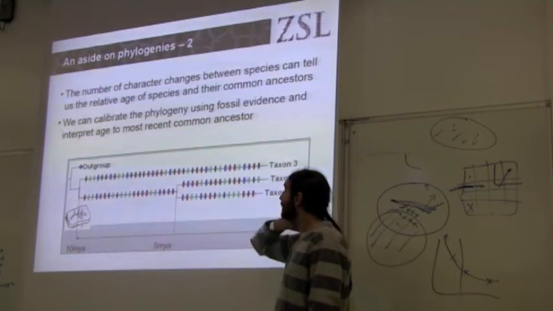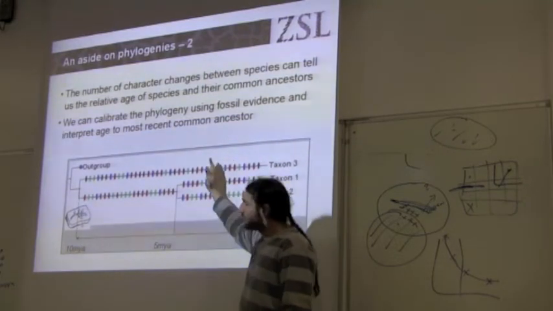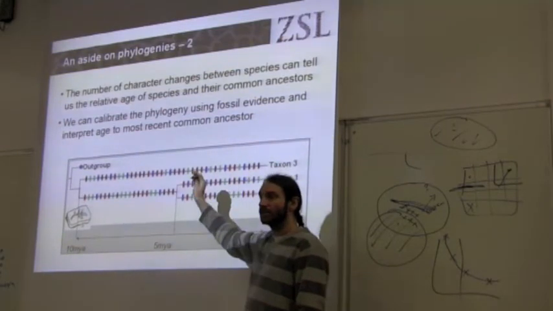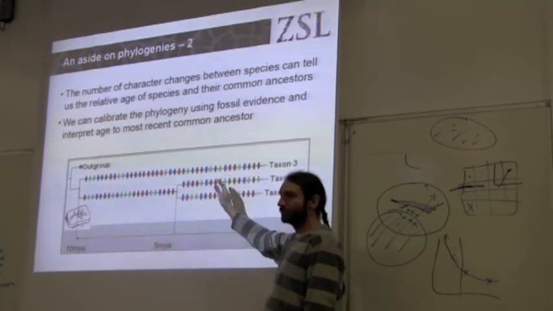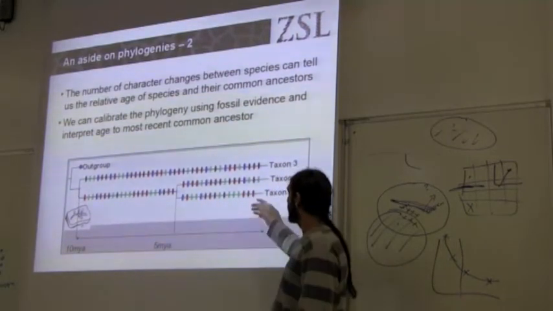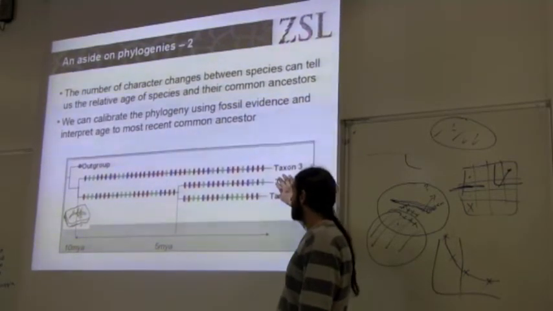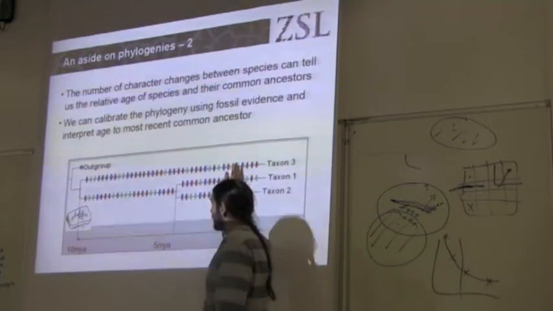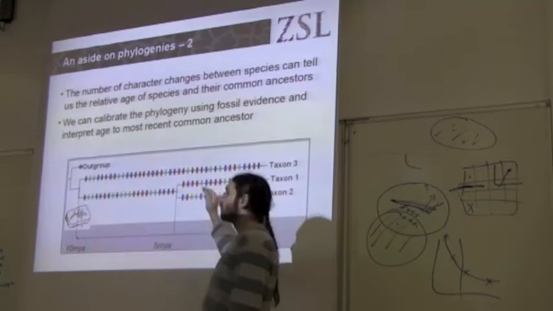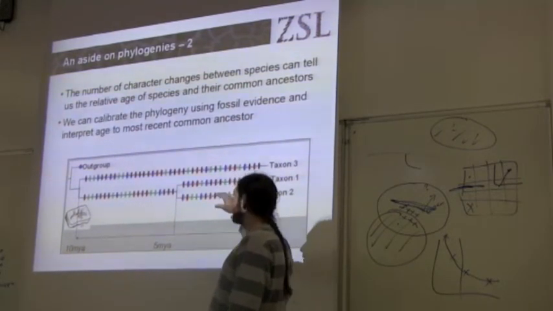So if we've got a nice sequence region that's not under selection, and we've got enough time, or enough sequence to look at, we should expect roughly the same number of substitutions between sister species, and we should be able to interpret the length of our branch, where the length of the branch is dependent on the number of substitutions or transitions that have happened.